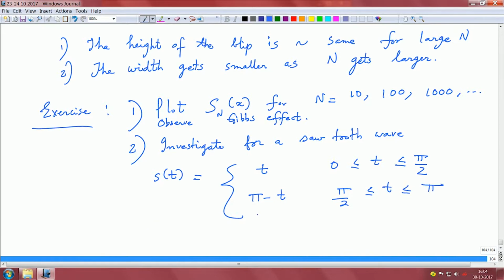I give you this function; observe what you observe and what you can conclude from this. So, this is just a homework exercise for you.